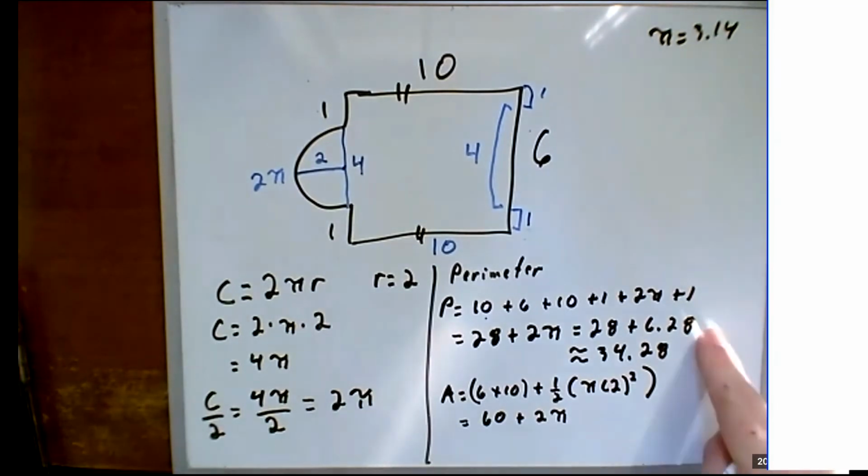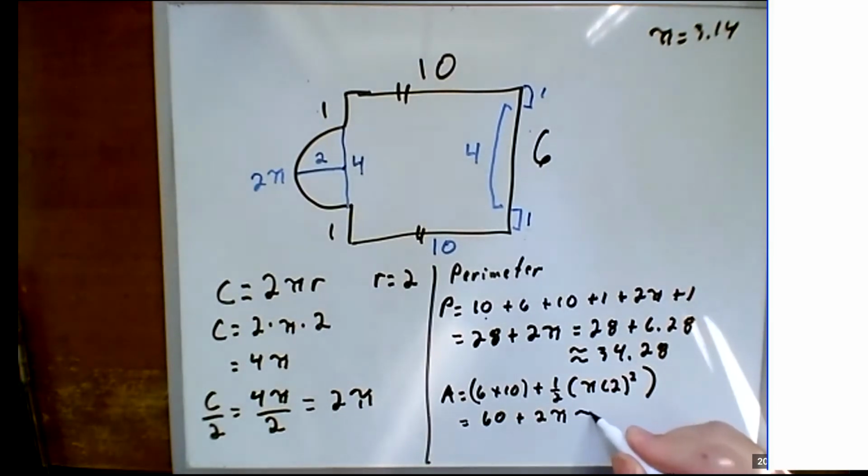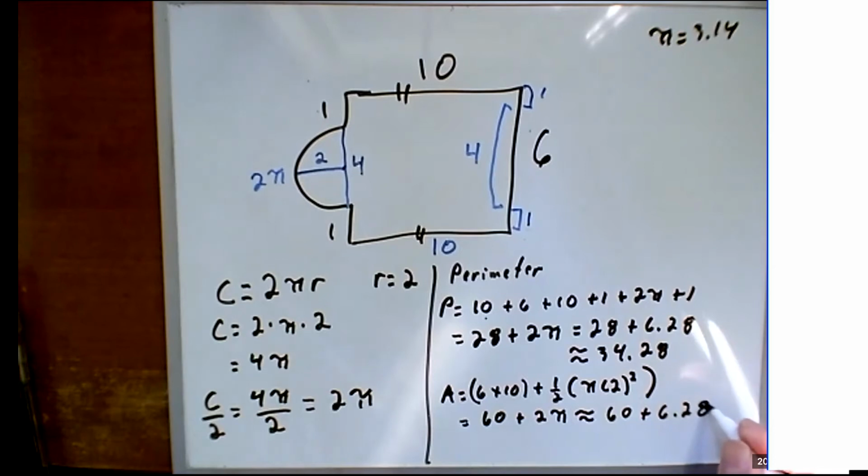We do the same thing as we did up here. 60 plus 6.28, and it means that our area is approximately 66.28. And that's area, so that should be in units squared. This is perimeter, so it's just in units.